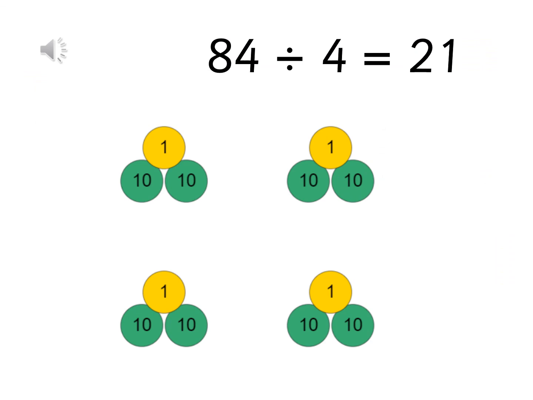We can now see that the 84 has been divided equally amongst the 4 groups. There are 2 10s and a 1 in each group. That means that our answer to 84 divided by 4 is 21.